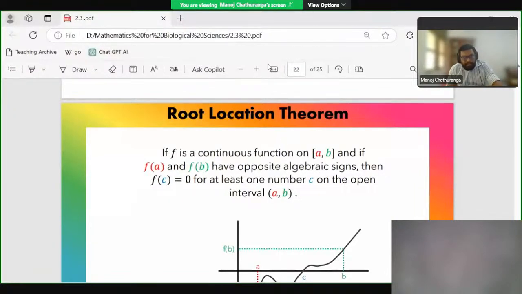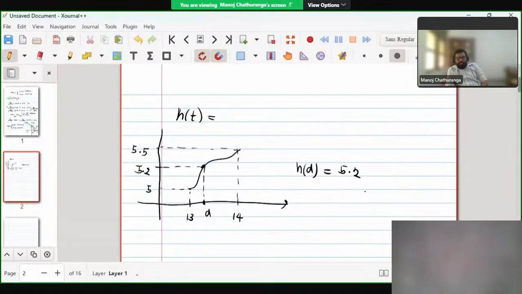For example, what can we say about the equation x squared plus 1 equals 2 to the power x? If you substitute some numbers, you can say x equals 0 is a solution.